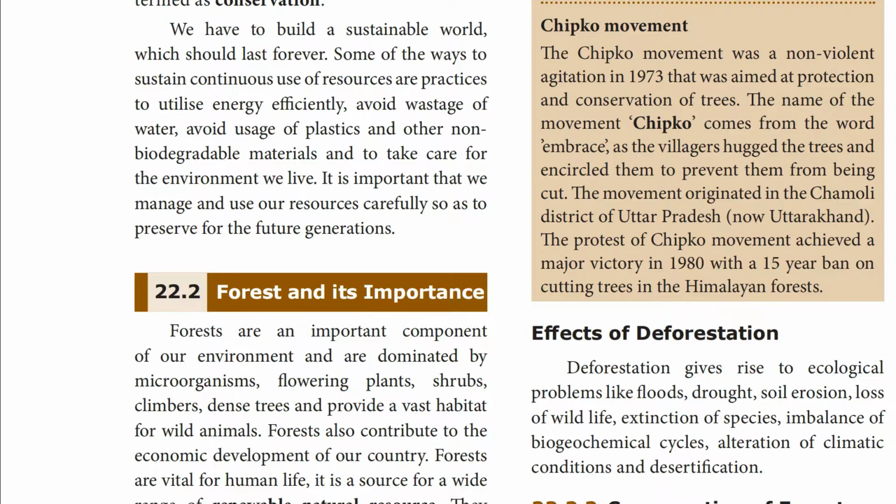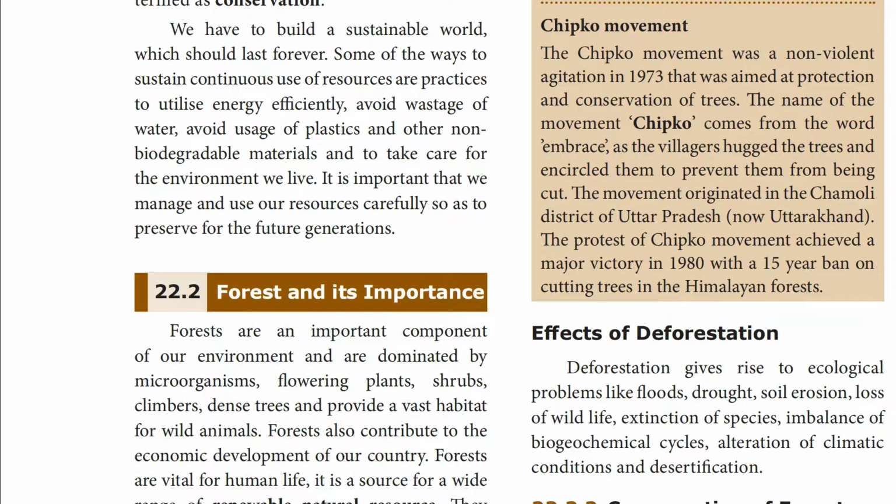This movement originated in Uttar Pradesh, and it was started by Sundarlal Bahuguna and his wife, and it achieved a major victory in the year 1980, by which they got the cutting of trees in the Himalayan forest banned.